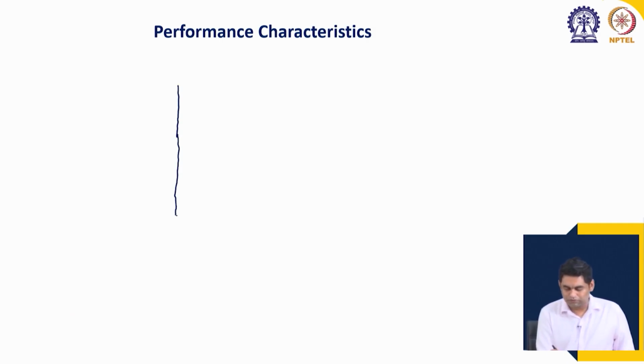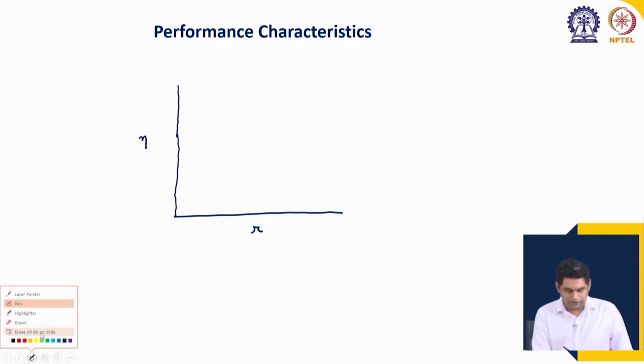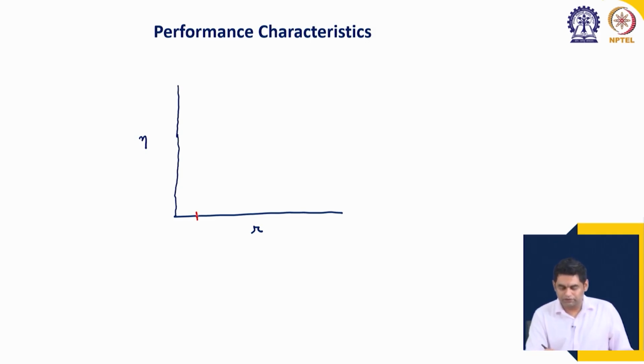Although it is not good, we will manage with this. So, the only performance characteristic which we expect to change is efficiency versus R, and if we draw qualitatively all the different cases and compare, for simple Brayton cycle we know that the efficiency goes like this.